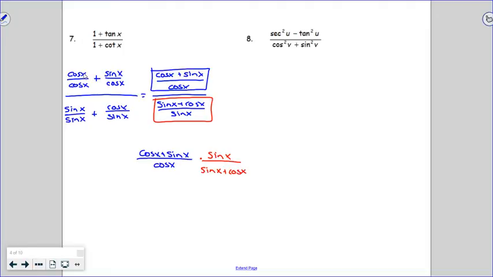And again, multiplying straight across the top, straight across bottom, I am able to cross off the cosine x plus sine x in the top and bottom, leaving me with sine x over cosine x, which simplifies to tangent.